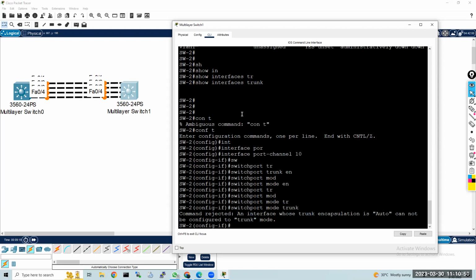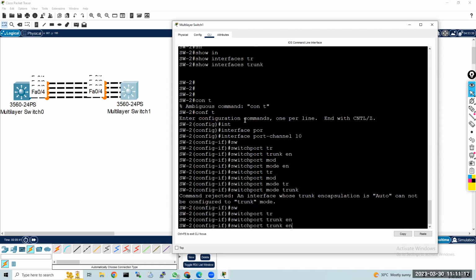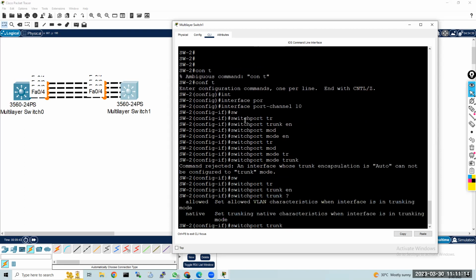See, it cannot be configured as a trunk. Why? Even if you configure it, switchport trunk encapsulation is not working.